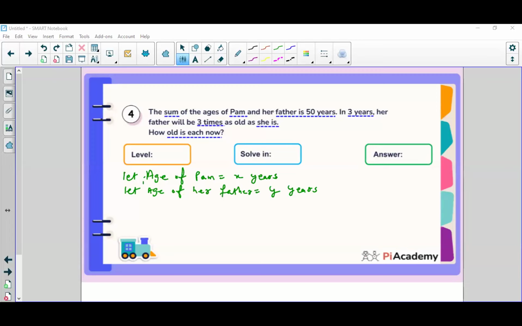It's given that the sum of the ages is 50 years, so I can write it as x plus y equals 50.